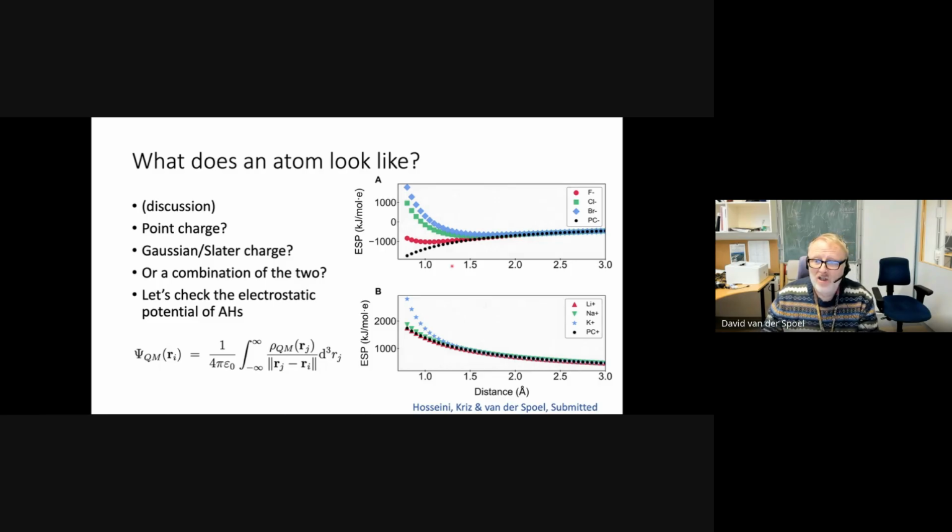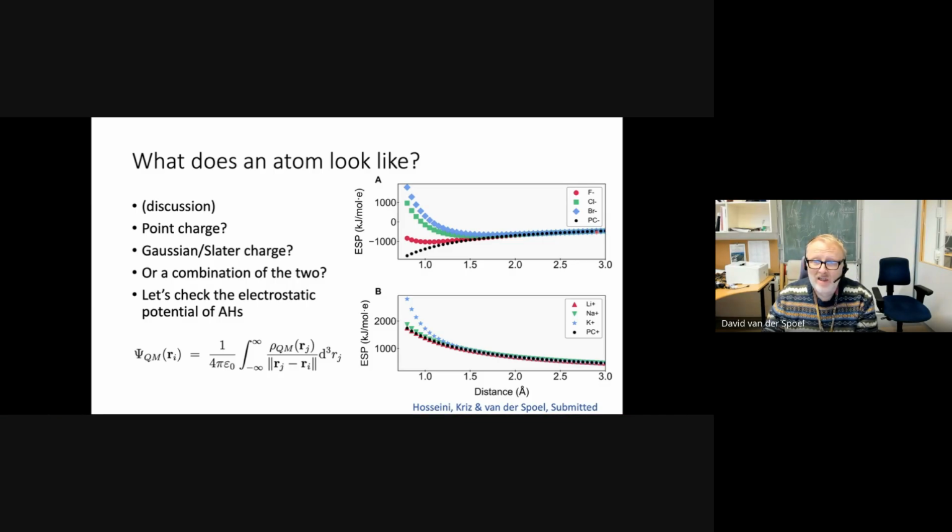On the x-axis we have distance from an ion. We look again at anions and cations, and for reference we also have a negative and positive point charge. If you start here at the anions, if we have a negative point charge at 3 angstrom, then the electrostatic potential is something like this, minus 600 or so.